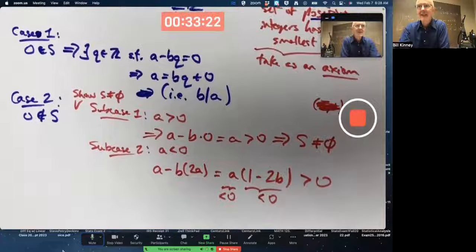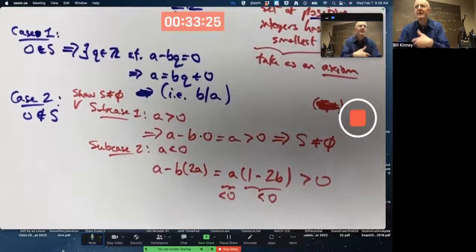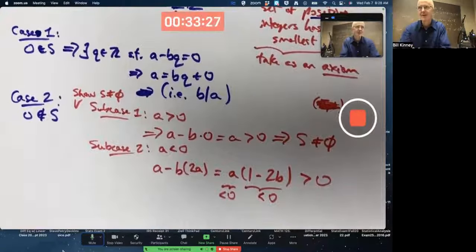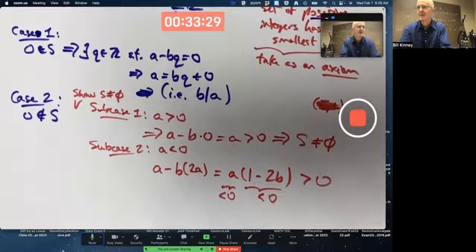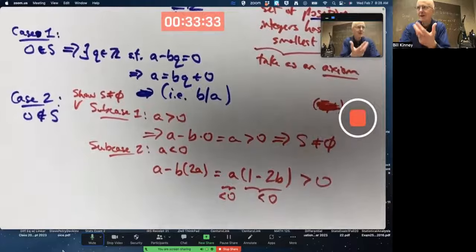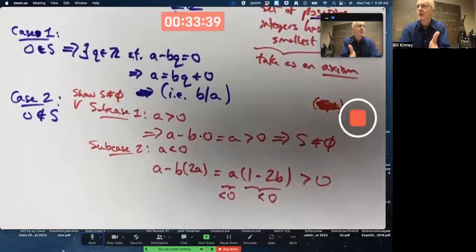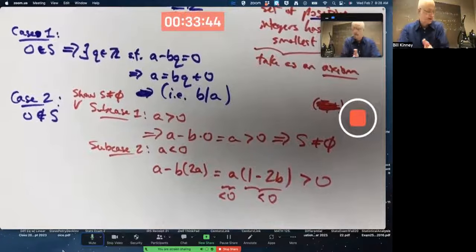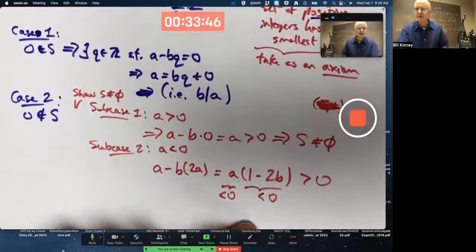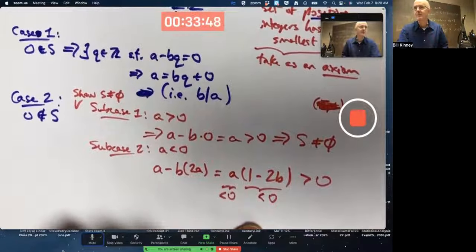Technically speaking, if you were developing the full theory of integers, you would have to prove that a negative times a negative is positive based on the definition of what a multiplication is. But we're assuming we know how to do addition and multiplication, basic properties. You could say we're taking basic properties of integers with regard to addition and multiplication as an axiom as well. Basic properties, you know. And yes, 1 minus 2b, if b is a positive integer, will be a negative number.